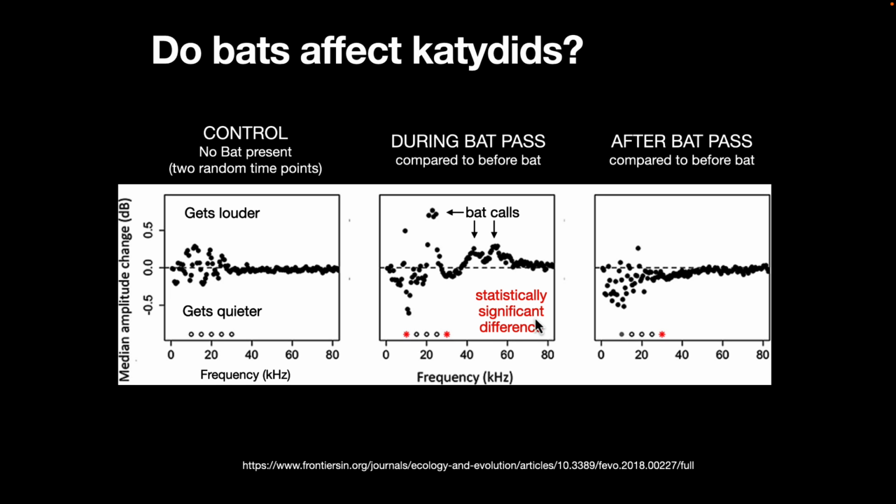And the red stars are places where they have identified that these are statistically significant drops. So there are places where the energy is definitely less. So when a bat comes by in some important frequency ranges, the katydids get quieter. And then after the bat has gone away, even a few seconds later, they stay quieter.